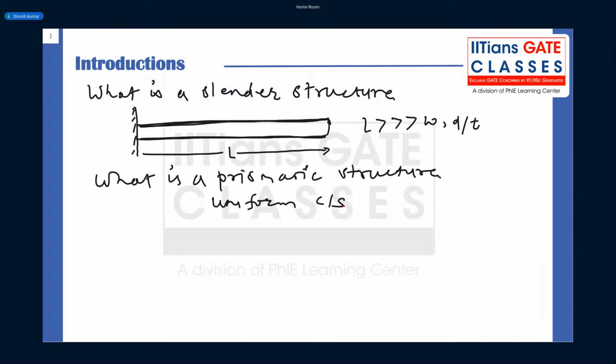Yeah, EI is constant, or you can say material properties are uniform. So your material is uniform or elastic material. The material should be homogeneous or uniform, there should not be impurity in the material. Then only it will be a prismatic structure. So these are the conditions: uniform cross section and also homogeneous material.